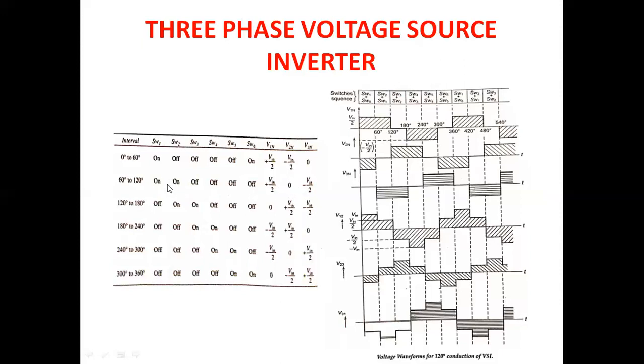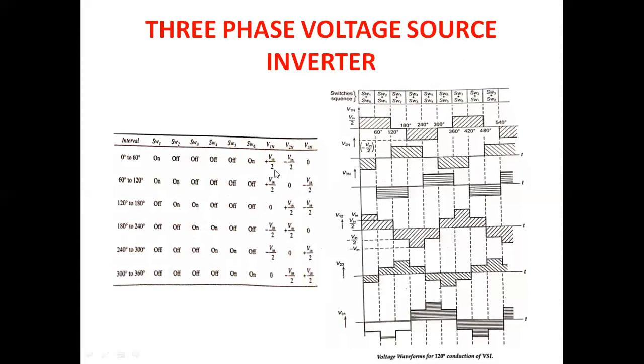So V1n from 60 to 120 degree is plus Vin by 2, V2n is 0 and V3n is minus Vin by 2. So for the 60 to 120 degree interval, the switch 1 and 2 is on.